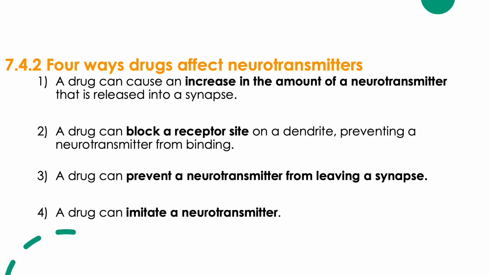Very important: four ways the drugs affect your nervous system, or how the drugs affect your neurotransmitters. Basically, you have studied neurotransmitters, the chemical messengers released from one neuron into the synapse to transmit the impulse to the other neuron. Number one, a drug can cause an increase in the amount of the neurotransmitter.